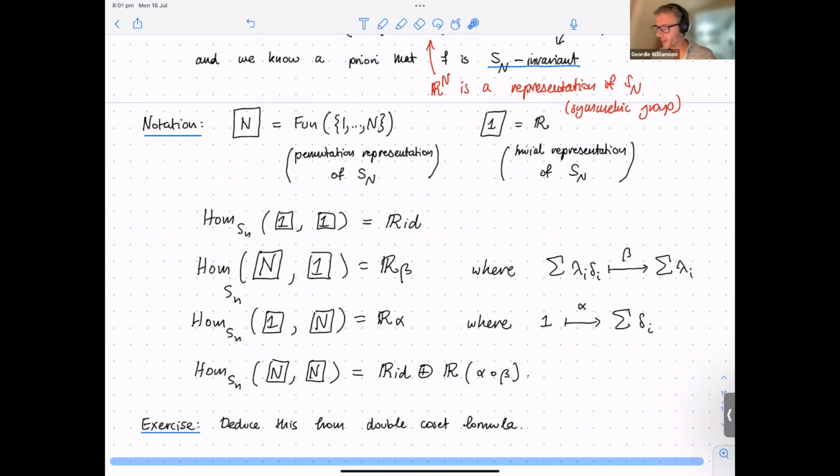Okay, so this is determining parameters in our neural network.